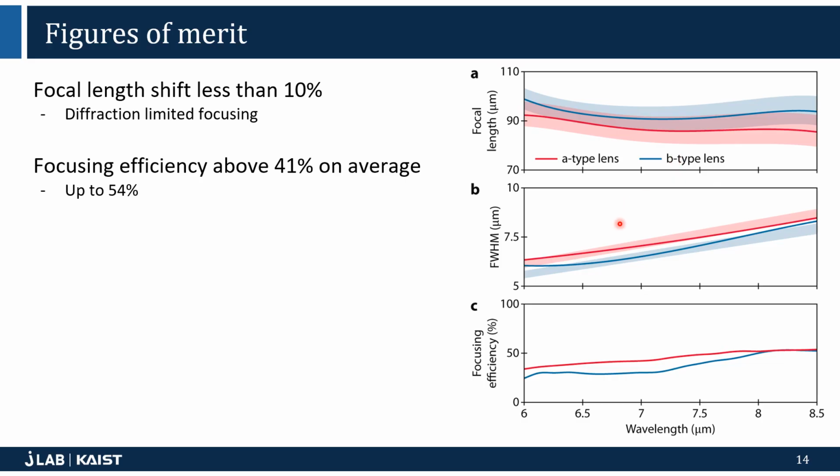Additionally, both lenses display a nearly ideal full width at half maximum value, close to the theoretical diffraction limit. And this remarkable localization of power at the desired focal spot leads to a focusing efficiency average of 41% over the entire bandwidth for both lenses, with a maximum efficiency of 54%.